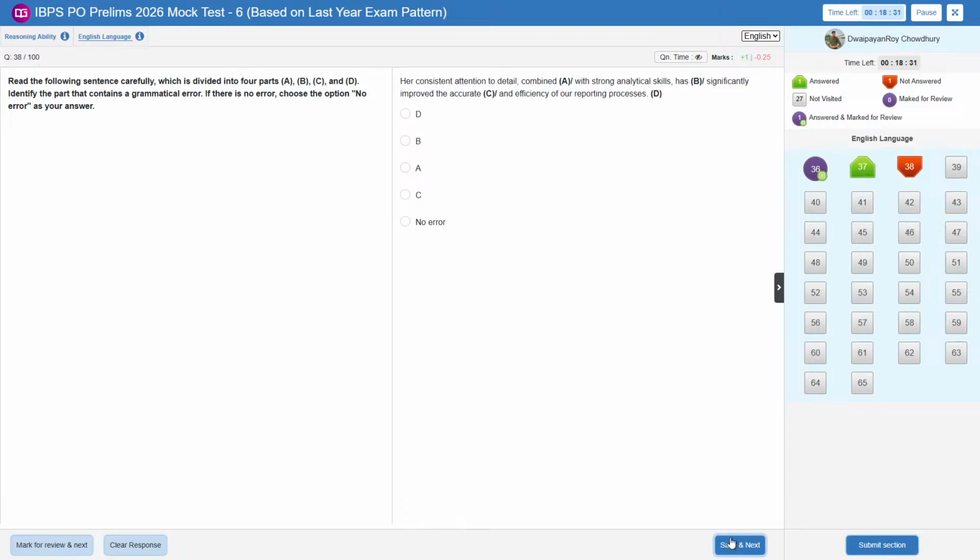Yes. Her consistent attention to detail combined with her strong analytical skills has significantly improved the accuracy and efficiency. So C.